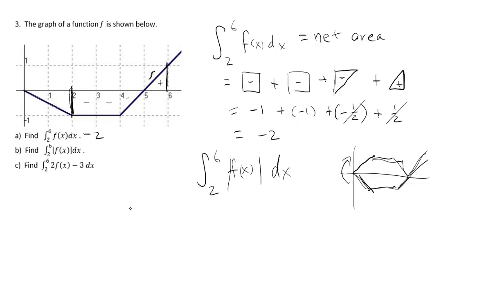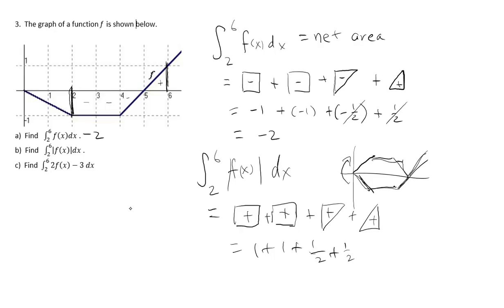So when you integrate the absolute value of a function, you end up with just the total area where you consider all the area as positive. So this time you'll be adding all the areas that you mentioned before. So this is 1 plus 1 plus 1/2 plus 1/2, which gives you 3.